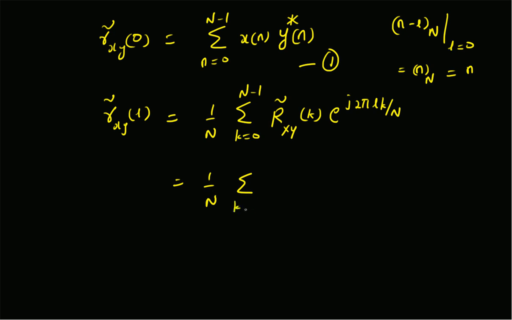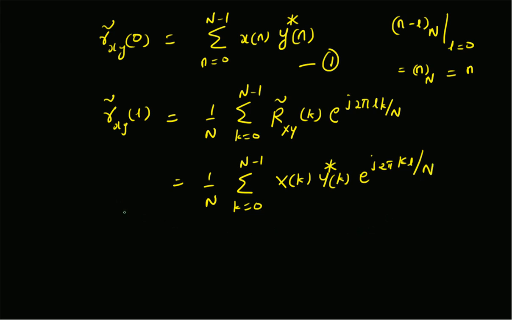So this is the inverse DFT of the product X[k] and Y[k] conjugate and e power j 2 pi kl divided by N.